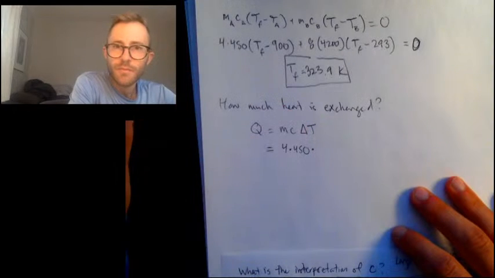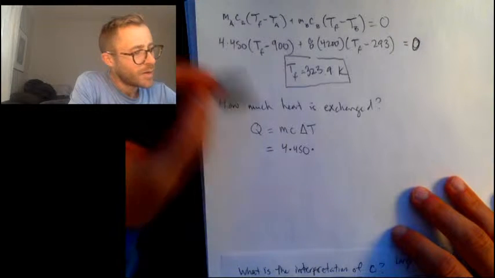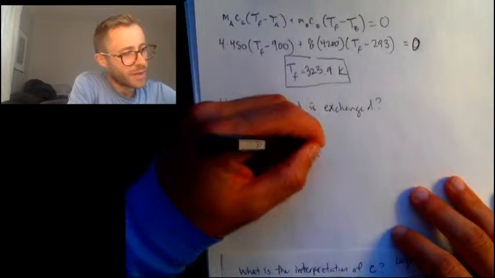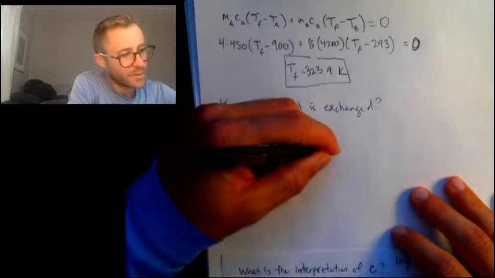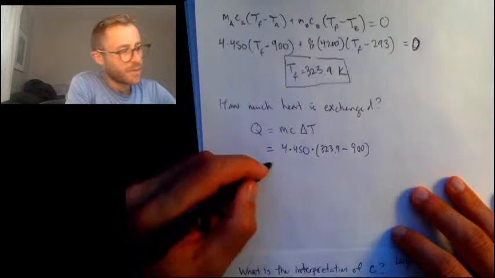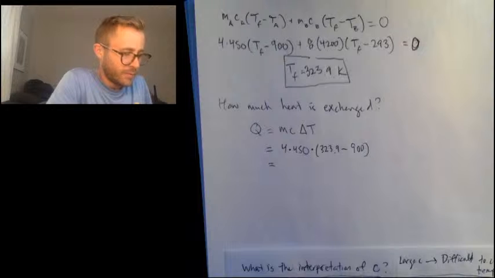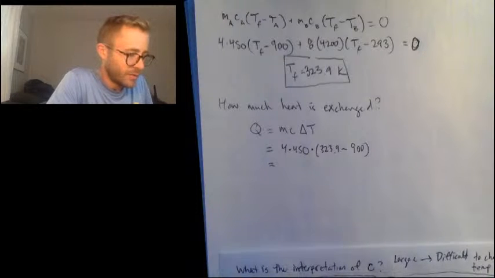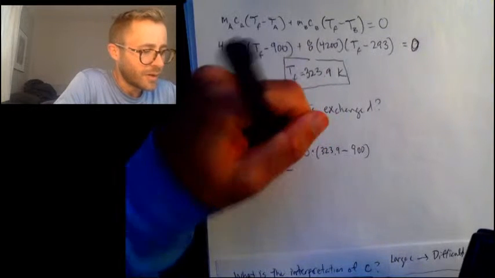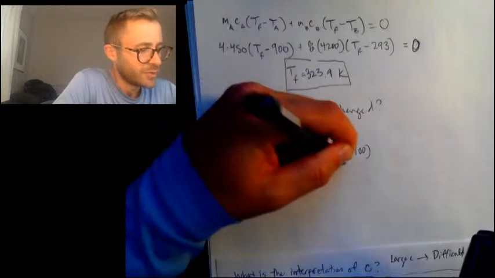And then the change in temperature, well, it ends up at 323.9 Kelvin, and it started out at 900. I can work that out, which I will do. 4 times 450 times (323.9 minus 900). And I get an answer of pretty much exactly minus 1 million joules.